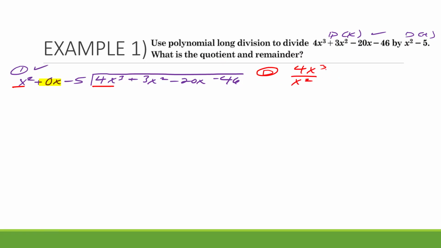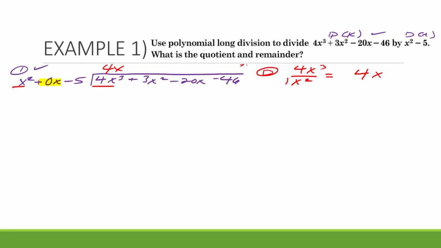I know 4x cubed divided by x squared equals what? 4 divided by 1 is 4. X cubed divided by x squared means I'm subtracting their powers. So 3 minus 2 is 1. So that's why it's 4x. So the first piece of my quotient is 4x. Are y'all with me? Okay.